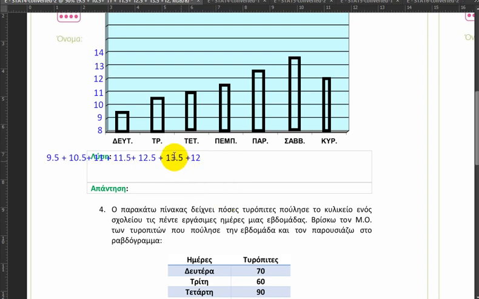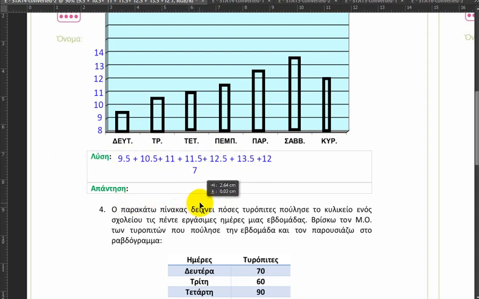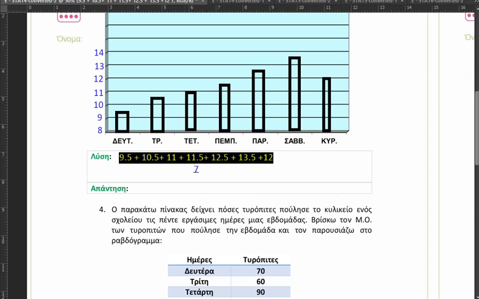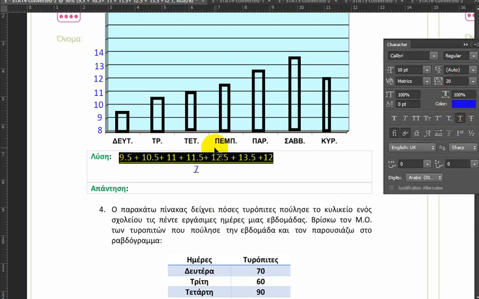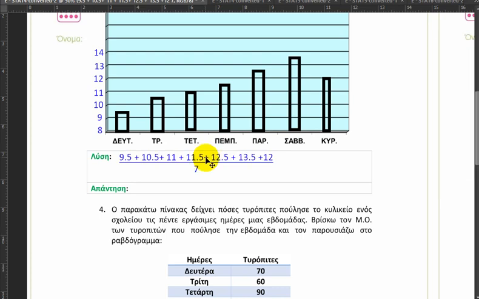And all of this divided by the number of days. So that would be 7. Since it's a week, 7. Let's make the line here as well. Now let's add all of this up, like we did before.